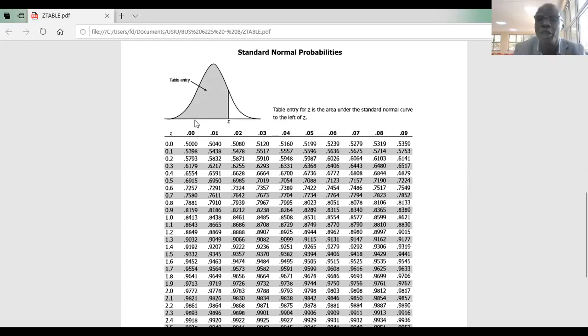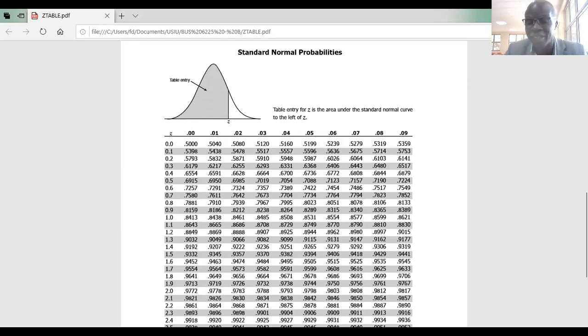If this is Z 0.1, this is 0. So this is minus Z 0.1. That's what I just said, isn't it? If I put a mirror here, this one will perfectly land onto some Z here, on the negative side. So this Z here is negative Z 0.1. That's what I want you to write there.